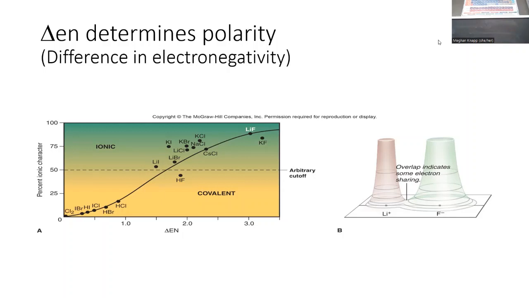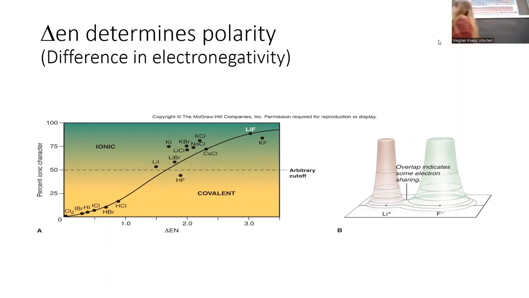And so this book has decided if it's 50% ionic character or more, then it's ionic, and if it's less, then it's covalent. And when we talk about acids, we'll talk about hydrogen fluoride, or hydrofluoric acid, as having a particular uniqueness to it being covalent compared to the other acids.